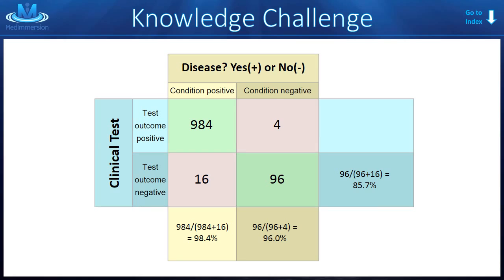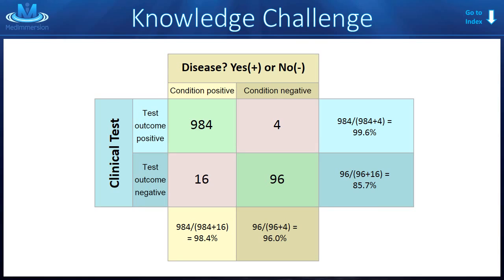What about the positive predictive value? Well, the positive predictive value is the probability that a patient has the disease given a positive test result. So that would be 984 divided by 988, which gives you 99.6%.